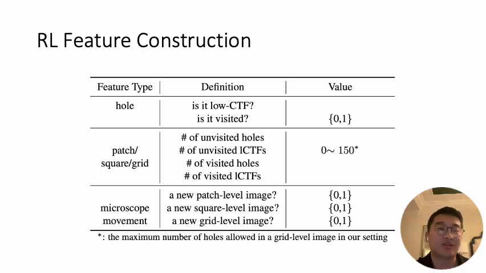To make sure that the agent could consider the high level movement, the penalization across different high level hierarchy, we also include the features on whether the next hole is going to be in a new patch, new square, or new grid.